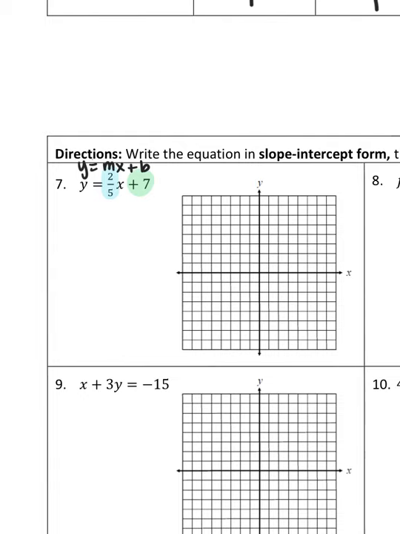My m in this case is 2 over 5. We can also write this as negative 2 over negative 5. And my b is 7. We always, always, always start here. We always plot our b first.